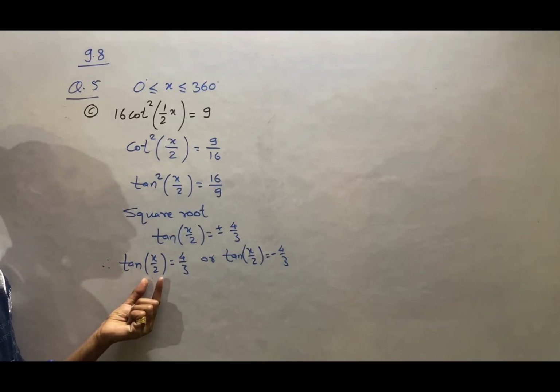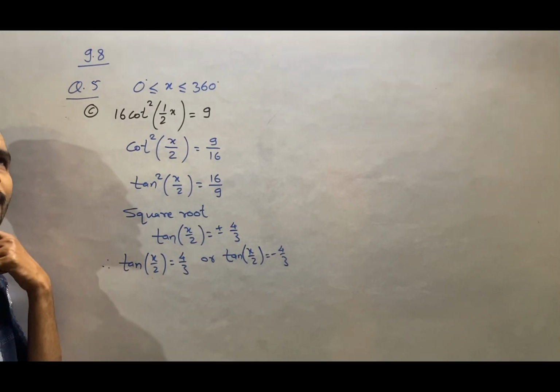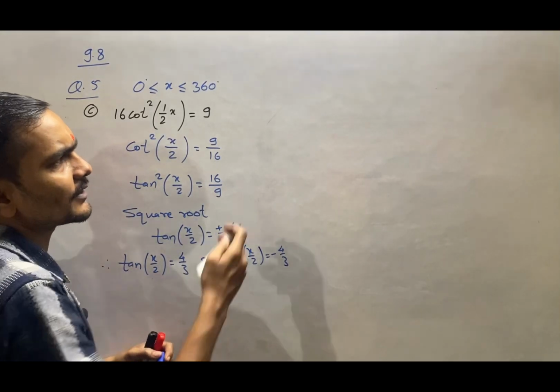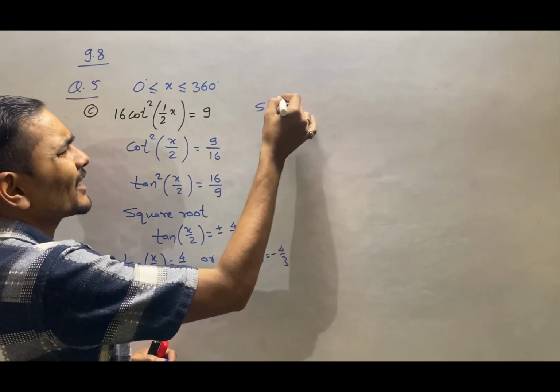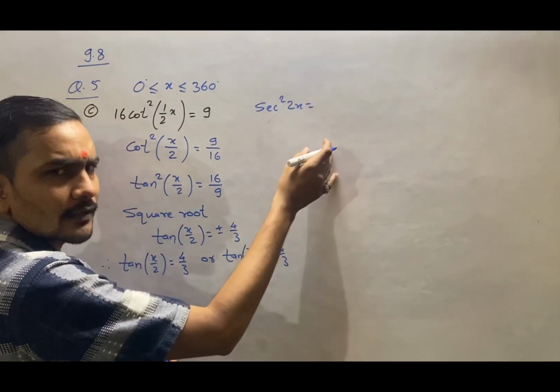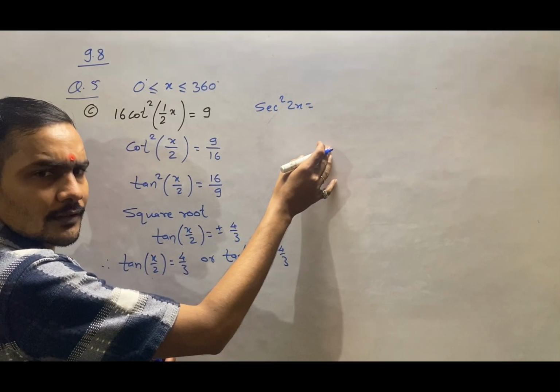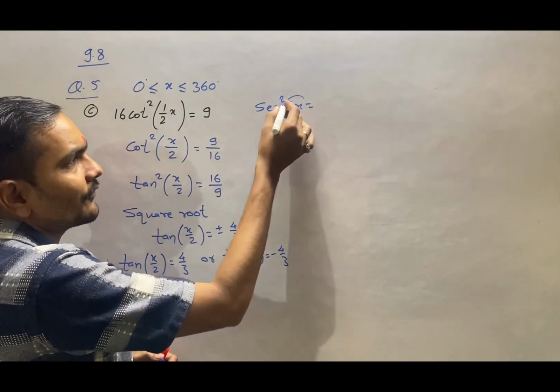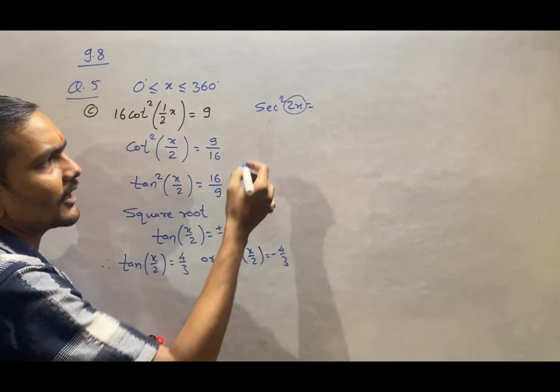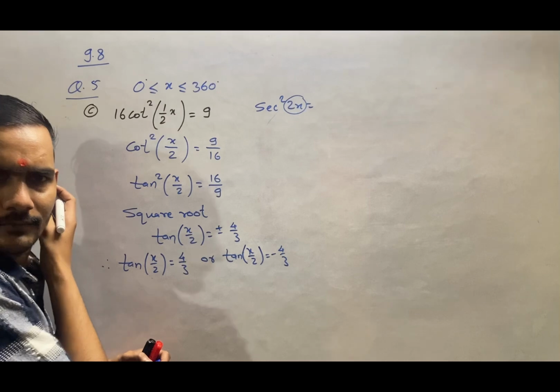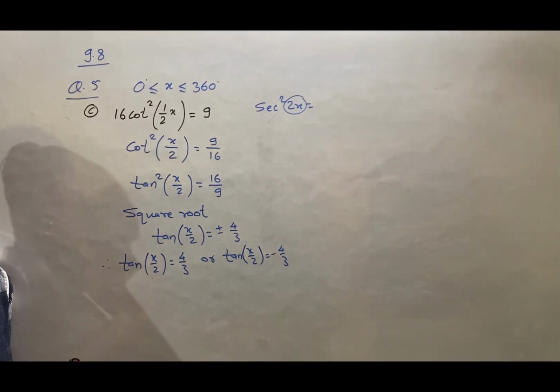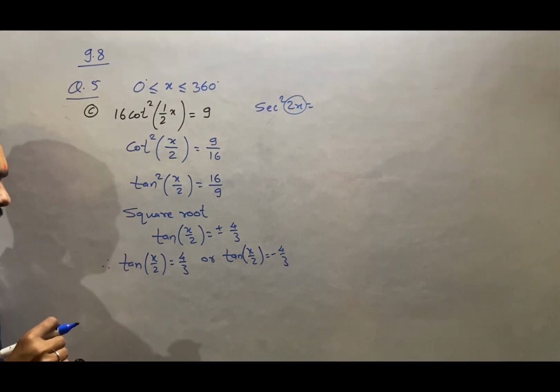Different angle, like we had in the previous session where we did cos x squared, or sec squared of 2x. So if we have a multiple of angles, then we assume something.